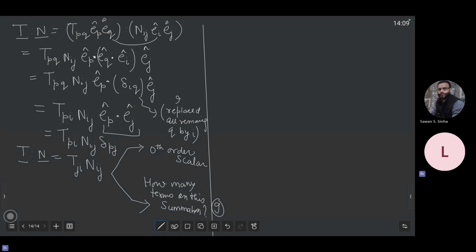So what we are seeing is that the number of terms in the summation following Einstein's notation has actually nothing to do with the order of the tensor. It has to do with something else. In this case, the double dot products. All right. So those two are two different things. Keep this in mind.